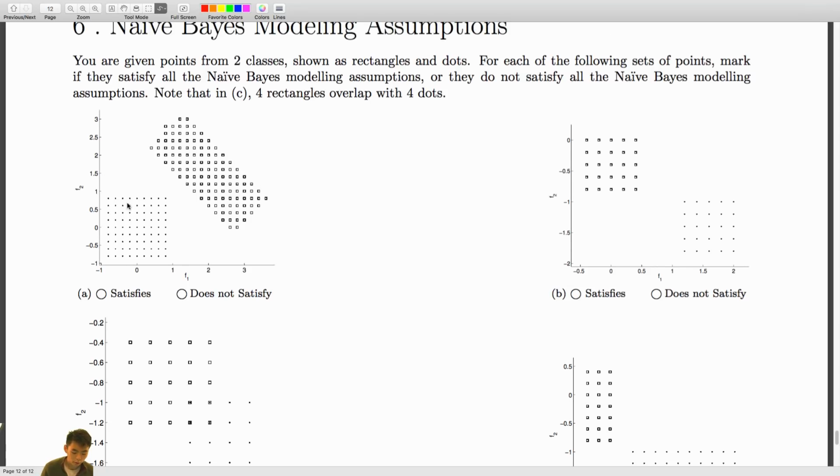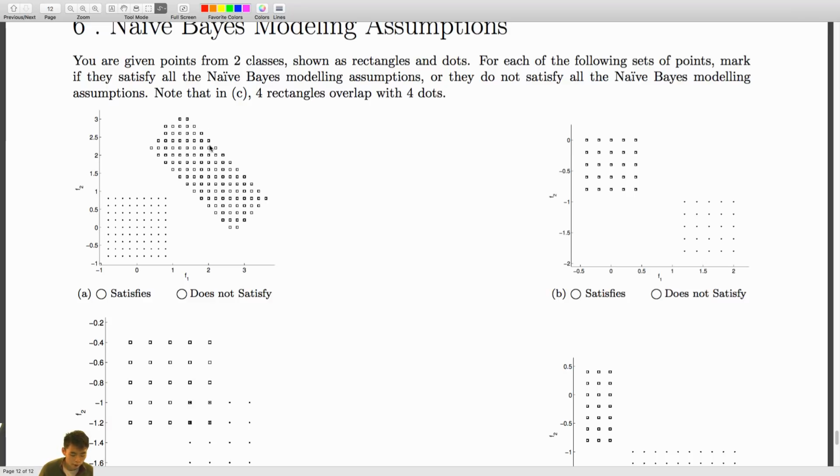Okay, so for part A, we see that one class is square shaped, while the other class is arranged in a rectangle that goes diagonally from the top left to the bottom right. Looking at this class, the big problem is that the two features are not conditionally independent given the class.